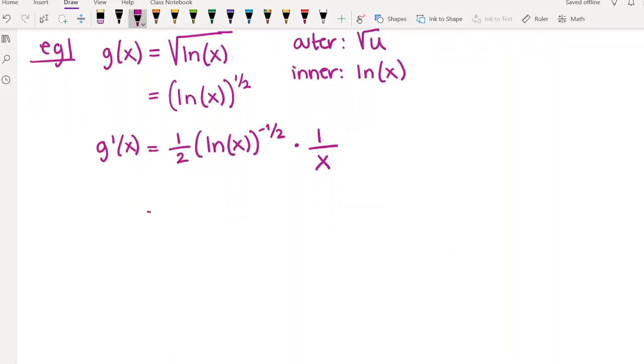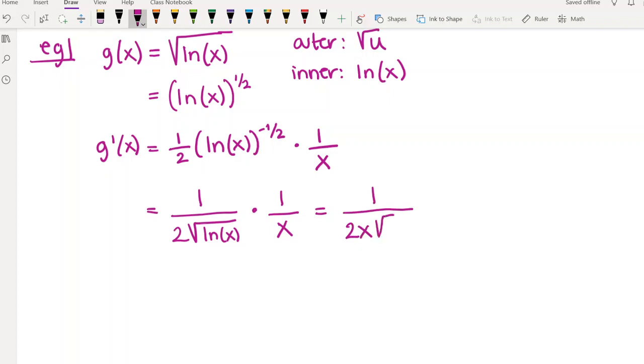If we want to simplify this, we can rewrite the first part as 1 over 2 times the square root of ln of x. And then we're multiplying that by the derivative of the inside, which is 1 over x. And so altogether, this simplifies to 1 over 2x times the square root of ln of x.